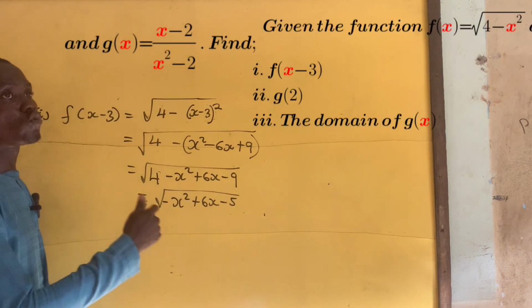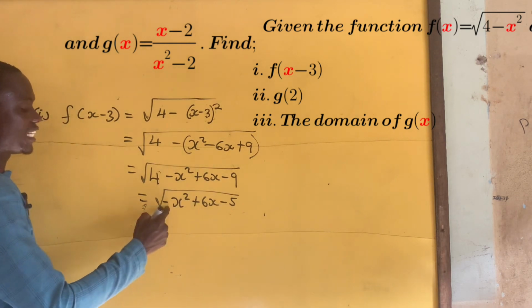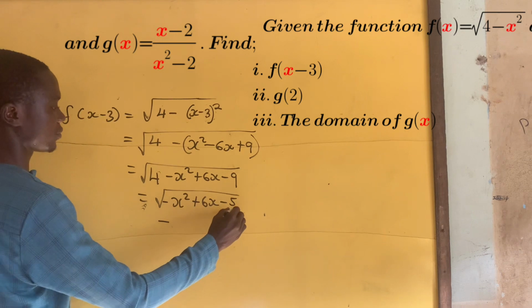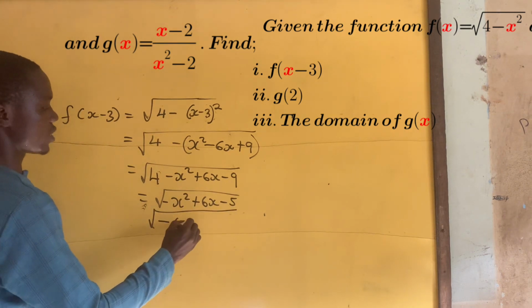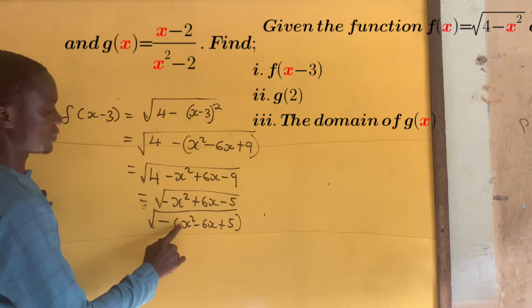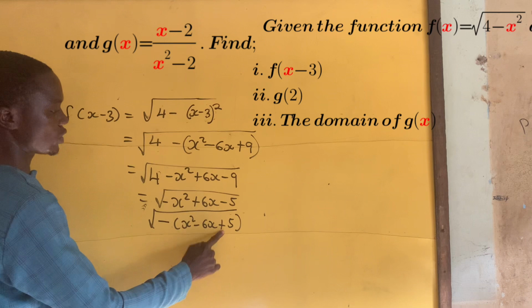But if you want to go into the complex world, you can factorize this negative out to get negative into x squared minus 6x plus 5. Negative times this will give us negative. Negative times negative, positive, negative times positive, negative.